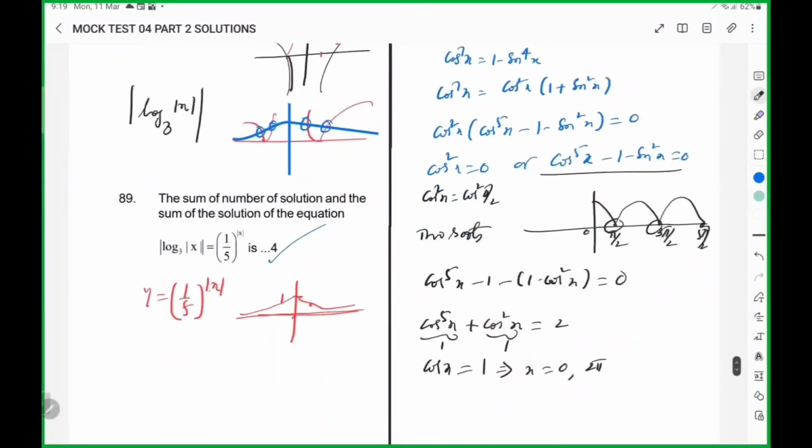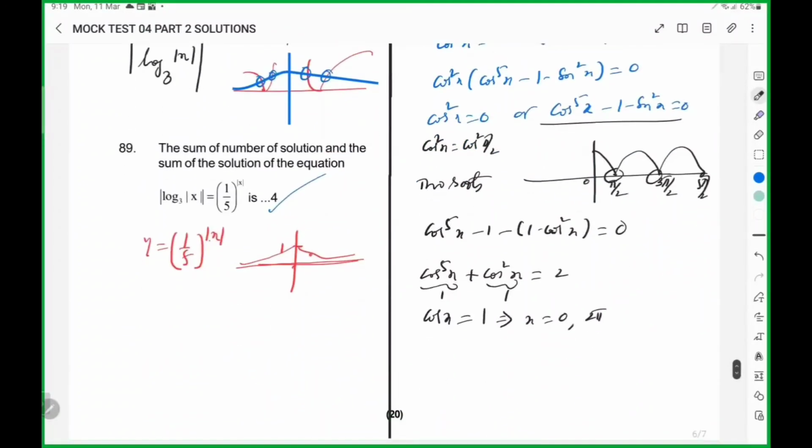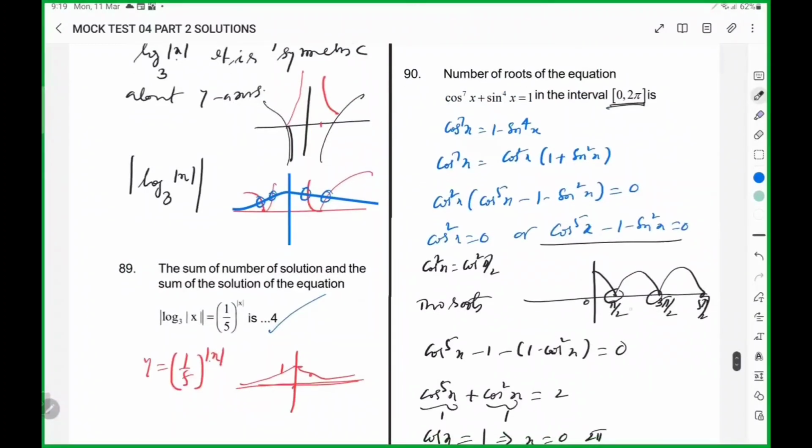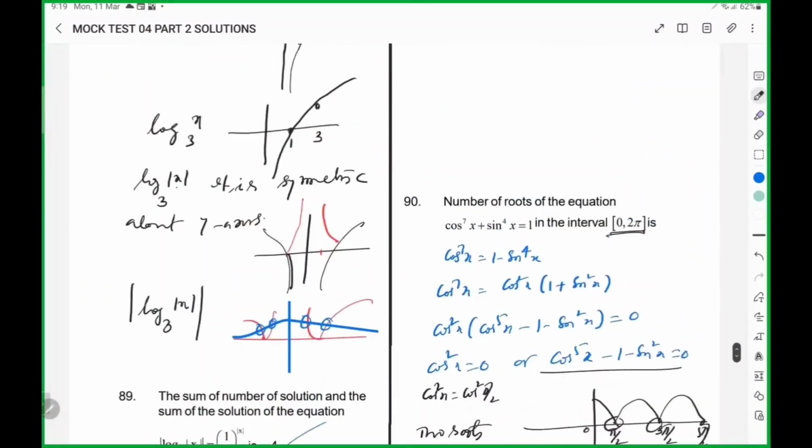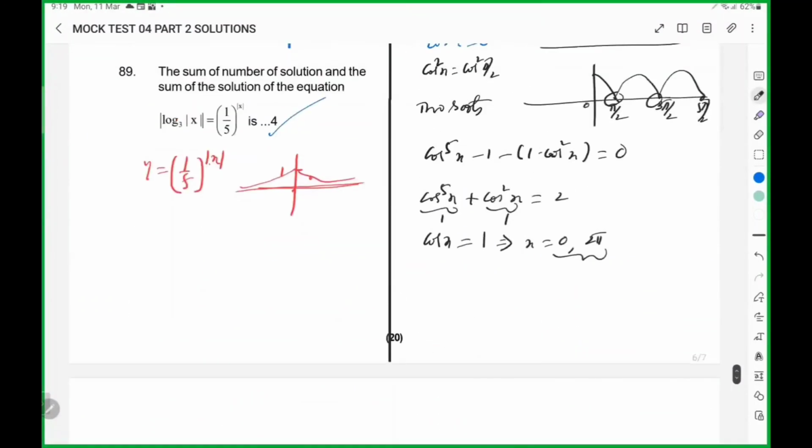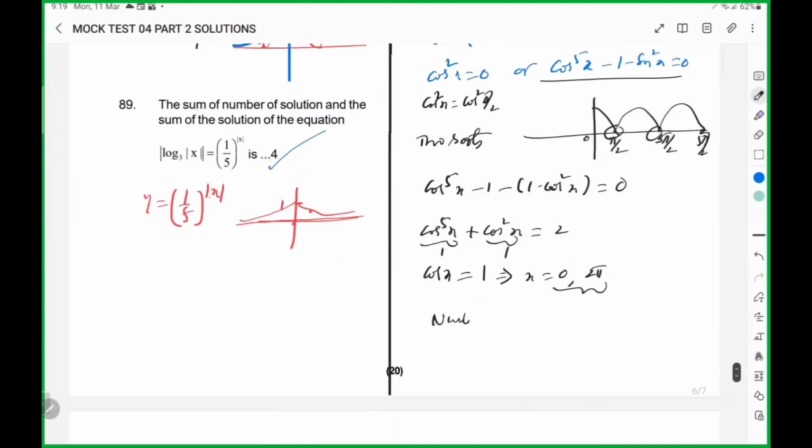So interval is mentioned 0 to 5. So totally here two solutions. Number of solutions.